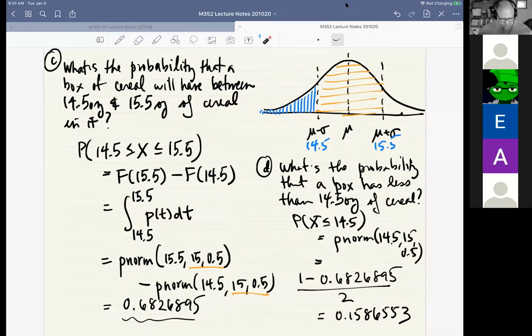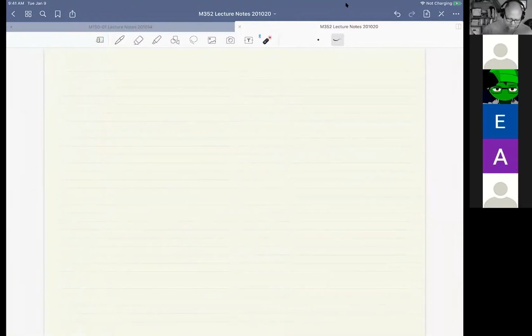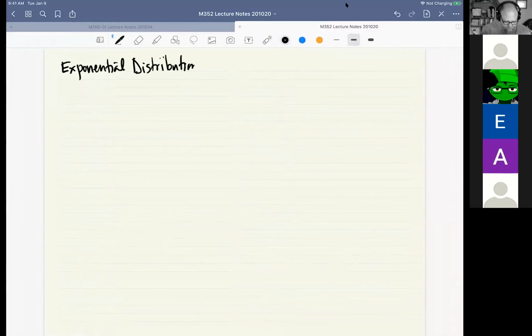With that said, I'm going to tell you about the last continuous random variable that we'll be interested in. And it's the exponential distribution, the one I always get confused with the Poisson distribution.